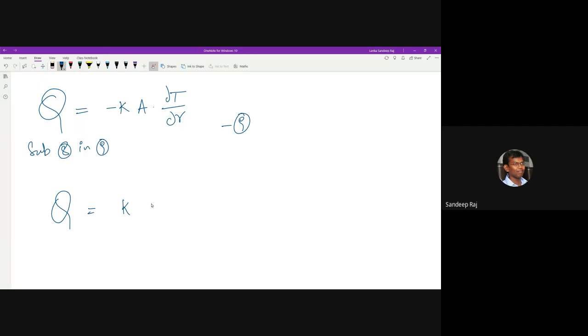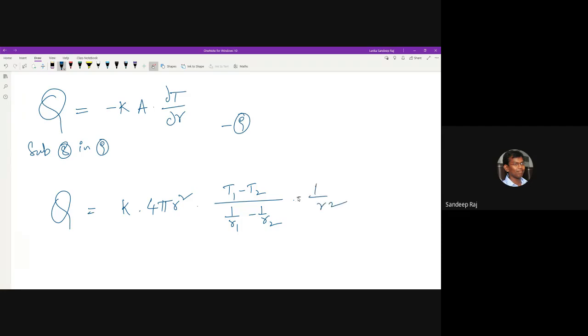What is area here? Area is 4 pi r square, because it is a sphere, the surface area, the area perpendicular to the direction of heat transfer. Both are the same here, and it is 4 pi r square, into the dou T by dou R expression which you got just now, (T1 minus T2) by (1 by R1 minus 1 by R2) into 1 by r square.